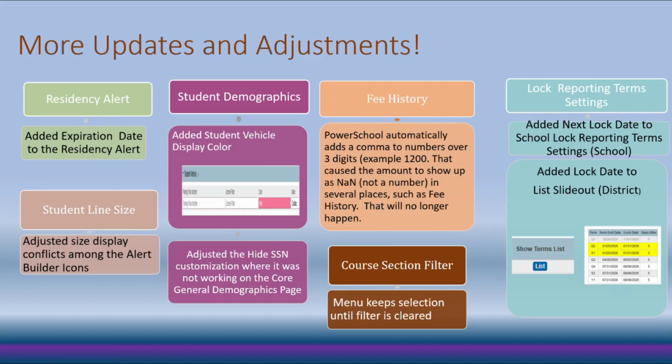You click on the list button and it's a column called Show Terms List. Click on the list button and it will give you a grid with the term end date, what date it is going to be the lock date, and how many days after the term that lock will take effect.